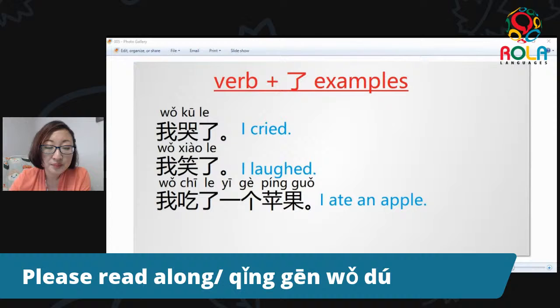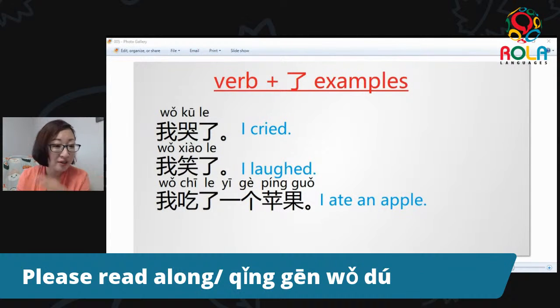我哭了. I cried. So over here, le functions as a particle that indicates the completion of an action. So it kind of indicates this verb, this action, has already happened. So 我哭了, the proper English translation would be I cried, because that's something already happened.